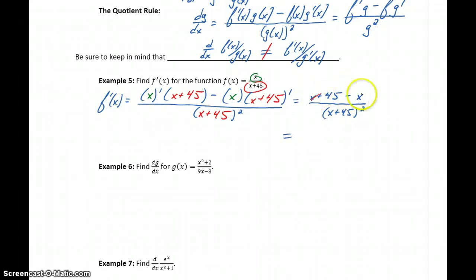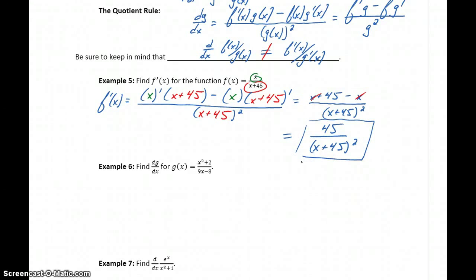So here the x minus x will cancel, which leaves us with just 45 over x plus 45 squared. So again, this is obviously a longer approach than just differentiating the numerator divided by differentiating the denominator, but that approach would lead us to an incorrect result. It wouldn't get us to this correct derivative that we want to reach.